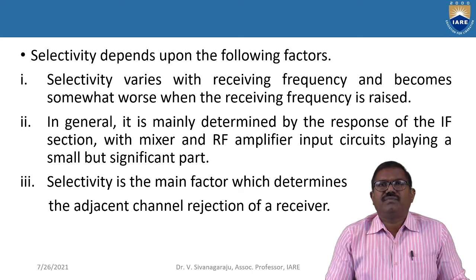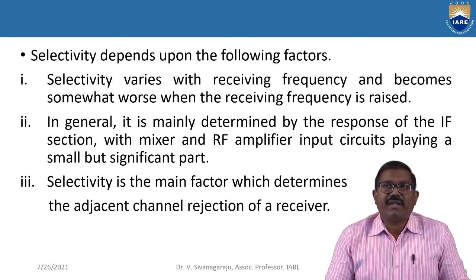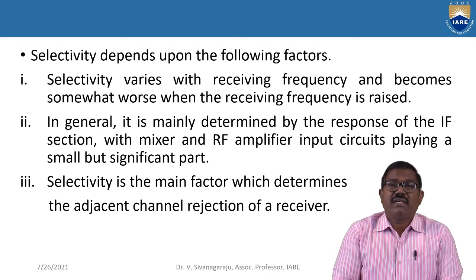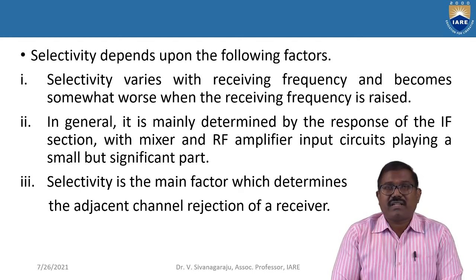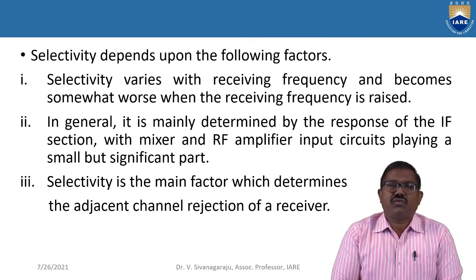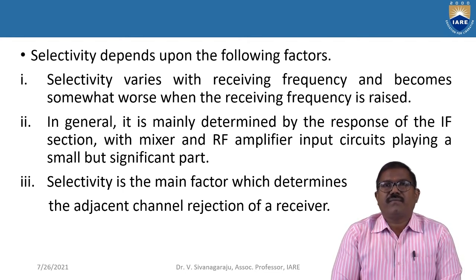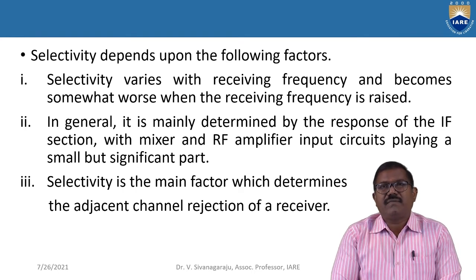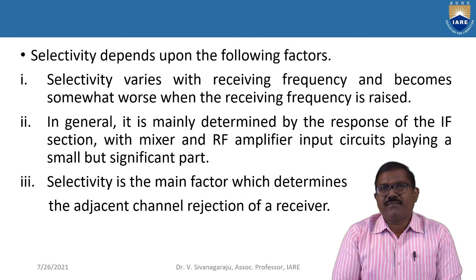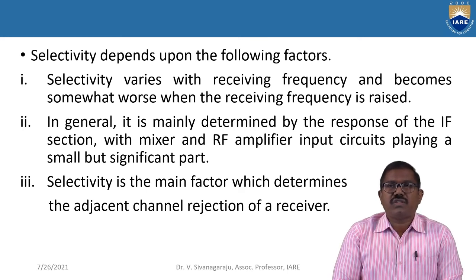Now, the selectivity depends upon the following factors. Already we have seen the factors which determine sensitivity, so here also we are checking some factors. The first one is that selectivity varies with the receiving frequency and becomes somewhat worse when the receiving frequency is raised.